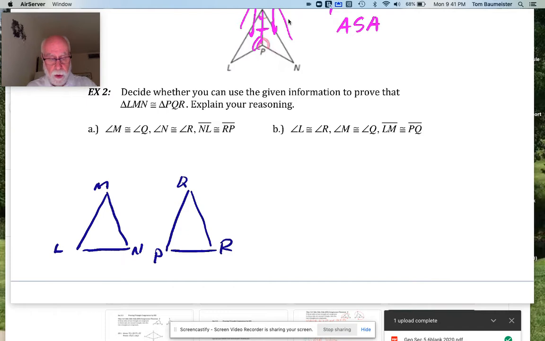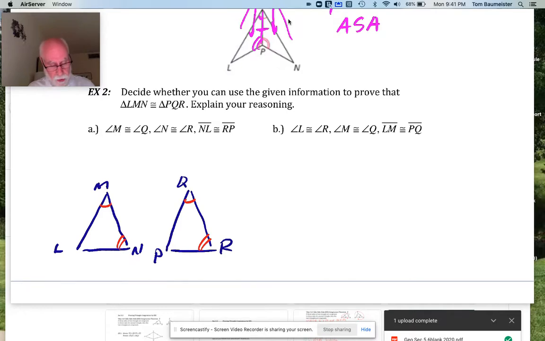So on the first one here, they're saying, do we have enough? Well, let's see here. Angle M is congruent to angle Q. Okay, that would work. And angle N is congruent to angle R. And they're corresponding too. They're in the same place.